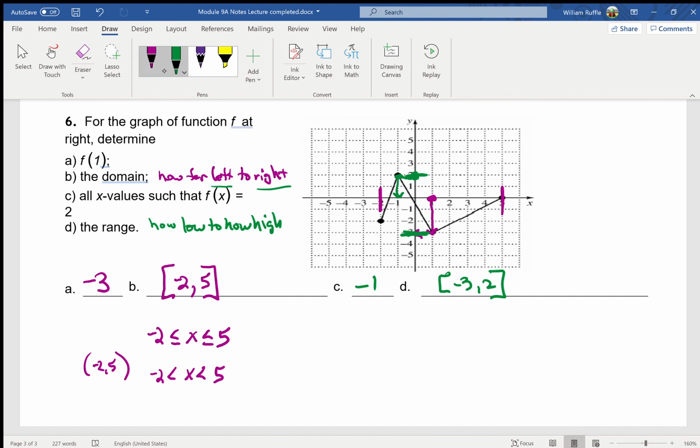Now, I'm going to change color again. Let's try to make this one red here. I'm going to plot some points up here. They're going to give you some graphs that aren't continuous, without lines. They're just going to plot some points. So if I were to ask for the domain of this, that's how far left or right it is, they're going to ask you to just list all the points that are in there.